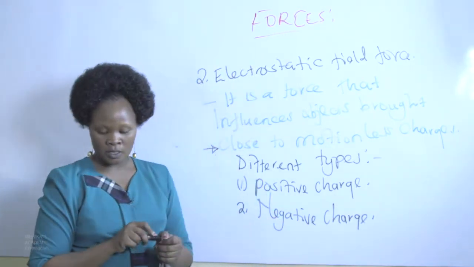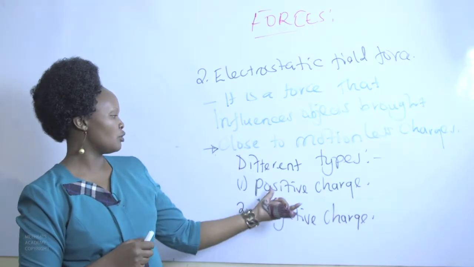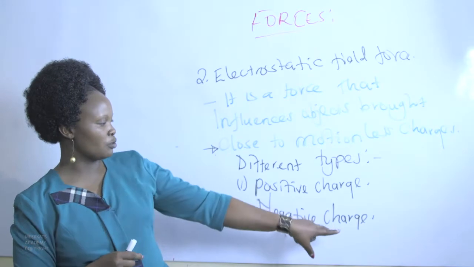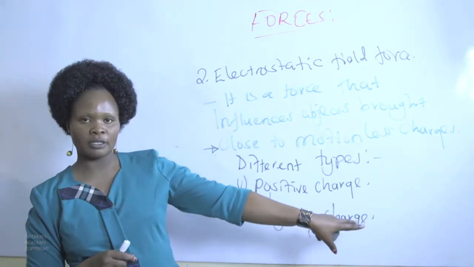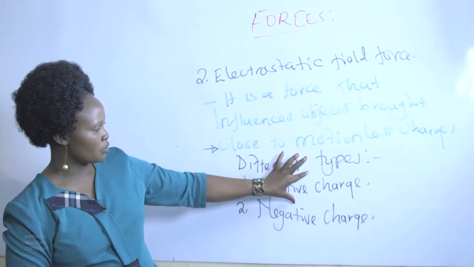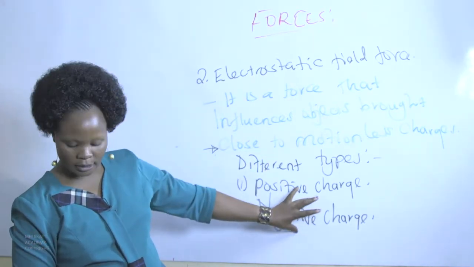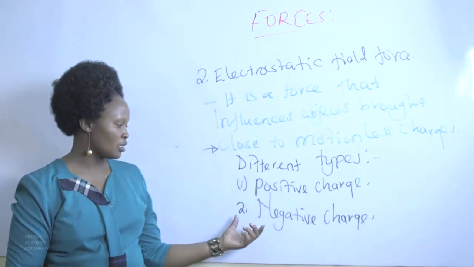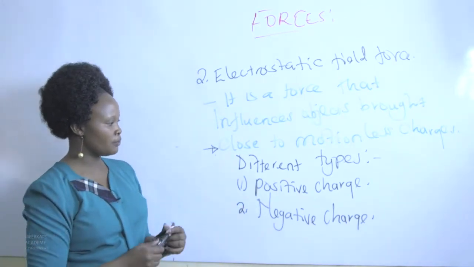Depending on the material you use to rub against whatever object you want to acquire the charges, you could end up with a positive or a negative charge, which are the two types of static charges that we have.